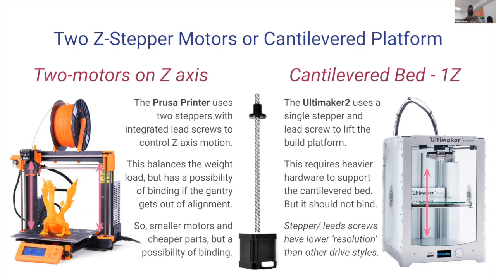You don't need to buy as big or as beefy of a stepper motor, but if those two get out of alignment and the whole X-axis array gets tilted at an angle, you've got a bit of a problem. So there's some interesting things. It's a nice way to balance weight and load, but this is something that's tricky to keep working consistently, and Prusa has really figured out the trick.